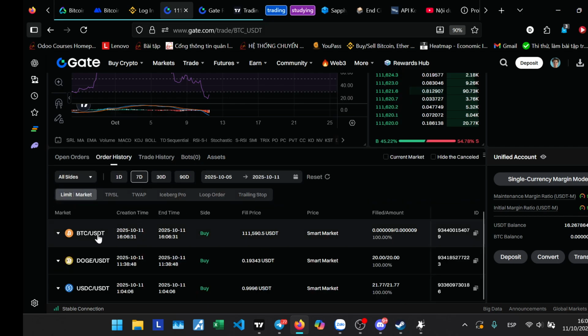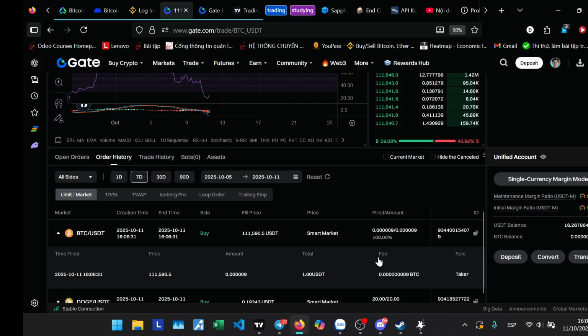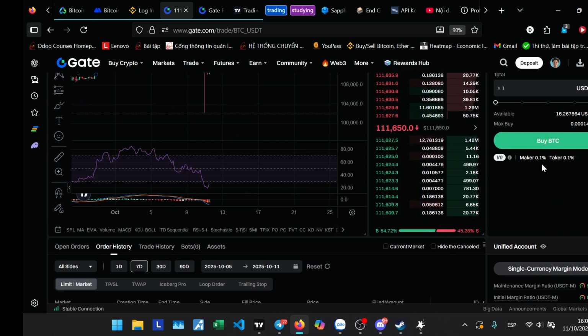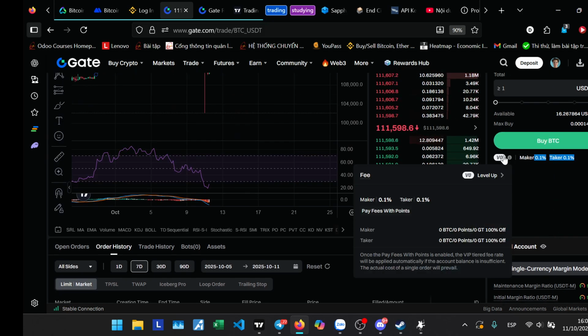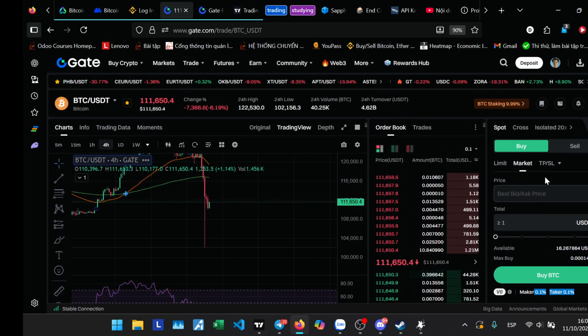Okay, or the history. As you see, I've bought. They have an ID, the price, and a total of Bitcoin. And we have some fees here. Fees are 0.1% on my chain. But you can also have a rebate if you're using my referral.